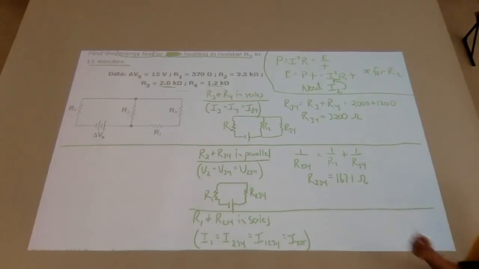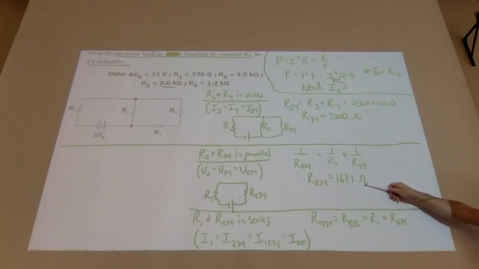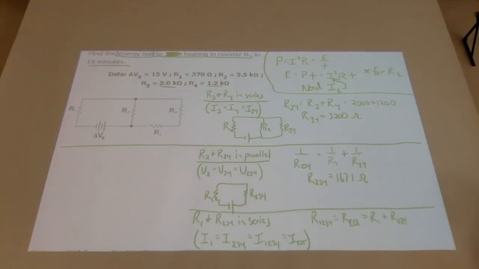So here at the end, let's add these things together. At this point, we're finding R1234, which is really the total resistance. It's the equivalent resistance for the entire circuit. And it's going to be just the sum of R1 and R234. Looking back at our numbers, R1 is 570, R234 is what we just found.